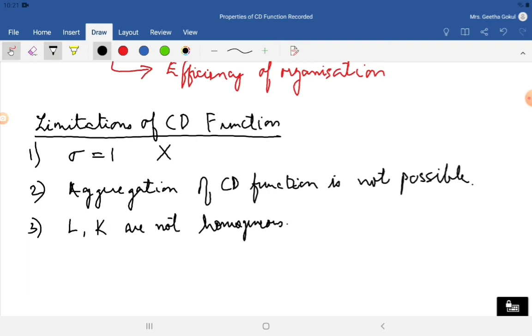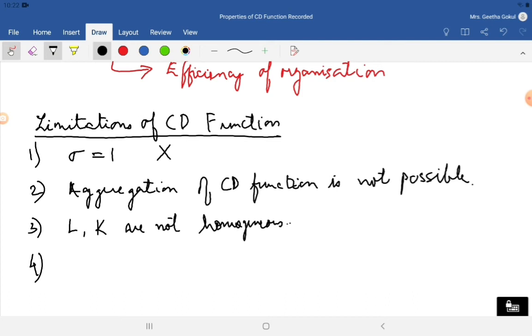There is skilled labor, unskilled labor, and so on. Capital, all units of capital are not homogeneous because capital of an older date will be less efficient, whereas capital which uses more modern technology will obviously be more efficient. So this assumption of homogeneous units of labor and capital is very unrealistic.